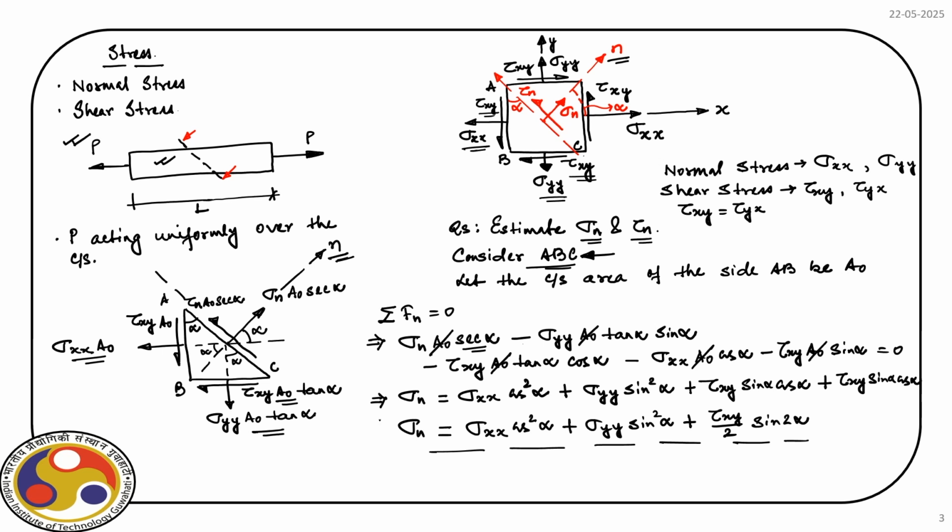We can further actually simplify this expression, that we will do in a minute, because we can express cos square alpha and sin square alpha in terms of cos 2 alpha and sin 2 alpha. So, this entire expression will further modify and we will see how does it look like. But before that, let us complete the exercise. So, we have this first expression.